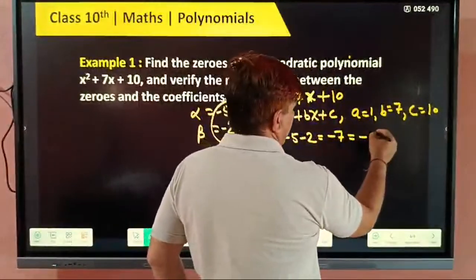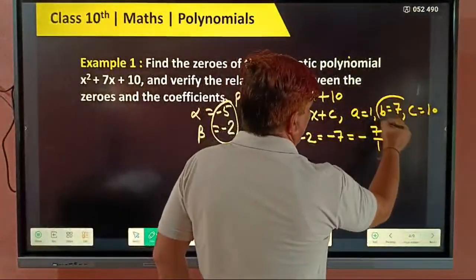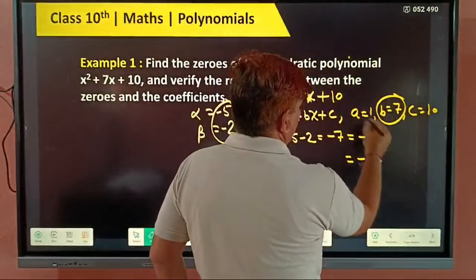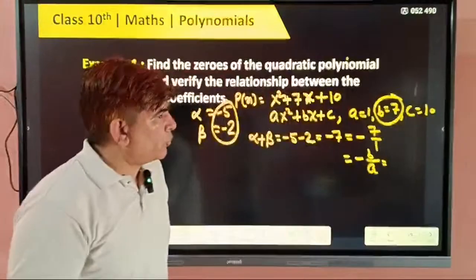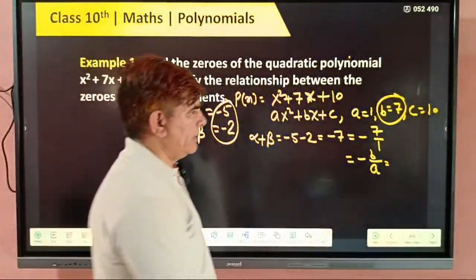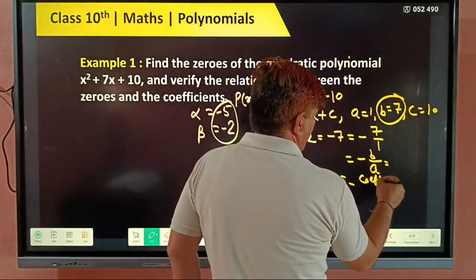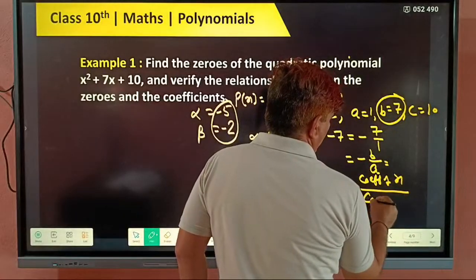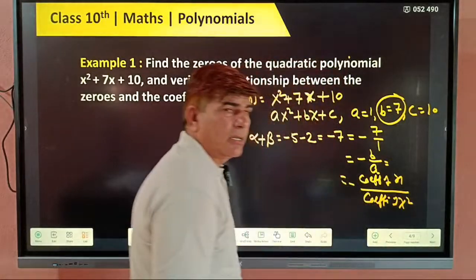We can write minus 7 by 1. What is 7? b. So we can write minus b by 1a. And what's your b? Coefficient of x. It is minus the coefficient of x divided by the coefficient of x square.